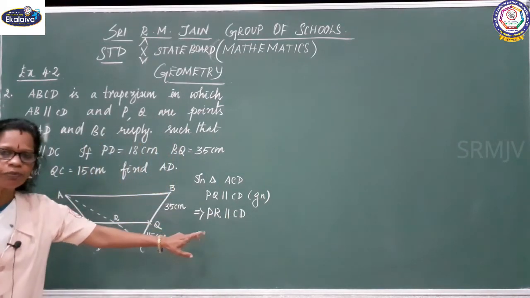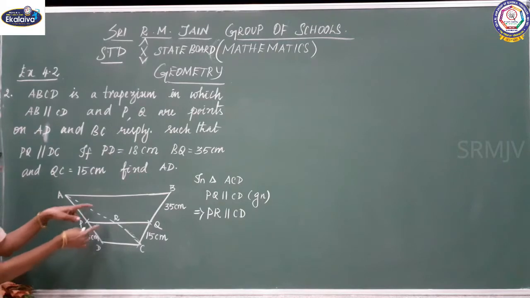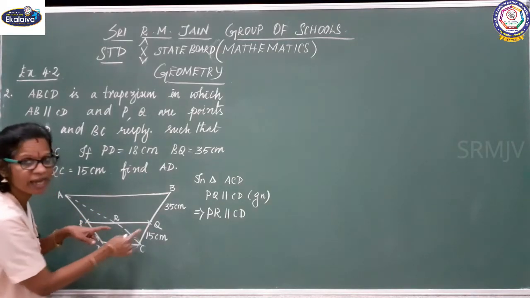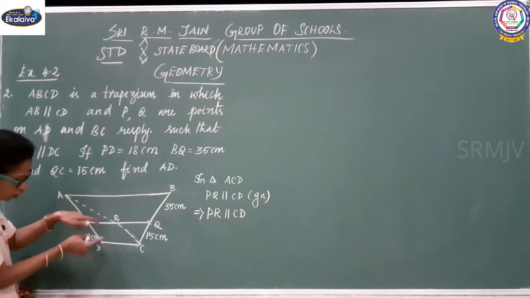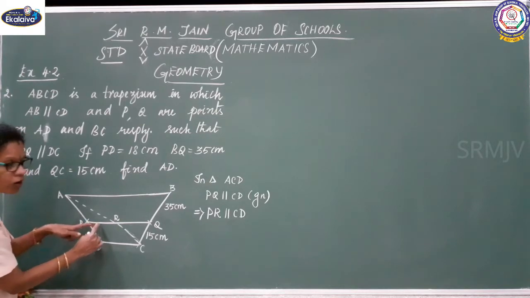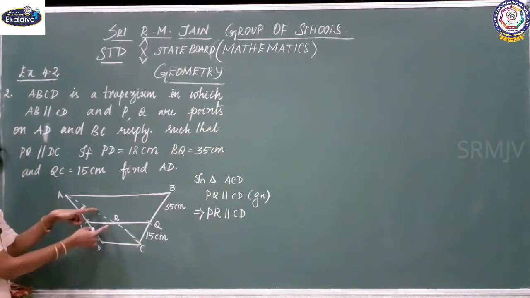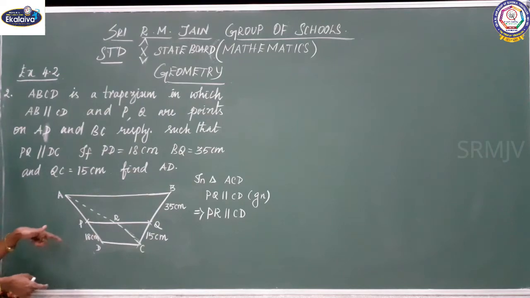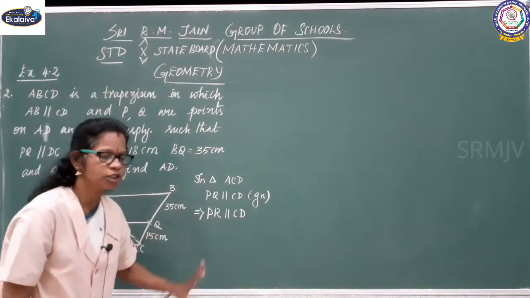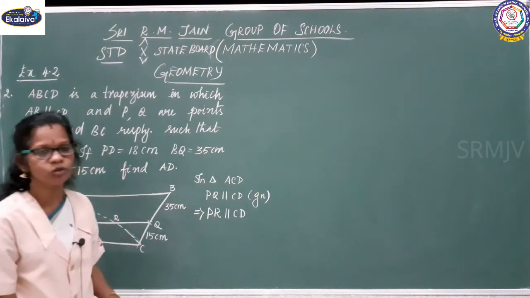Why? Because R lies on the line PQ. If PQ is parallel, whatever point lies on the line is also parallel to this. Got it, children?